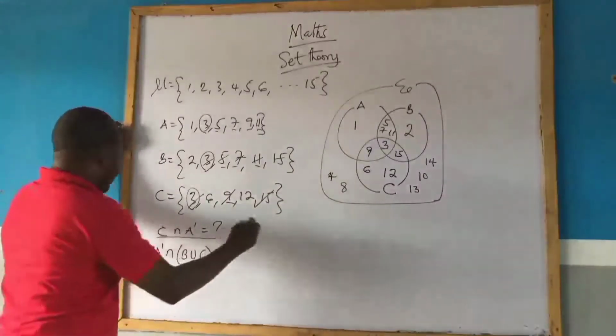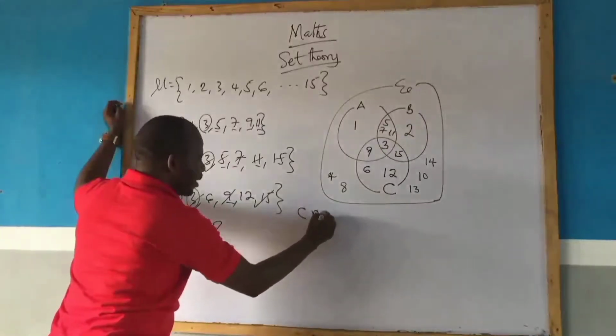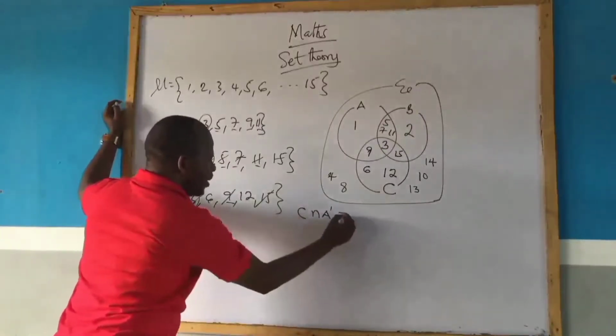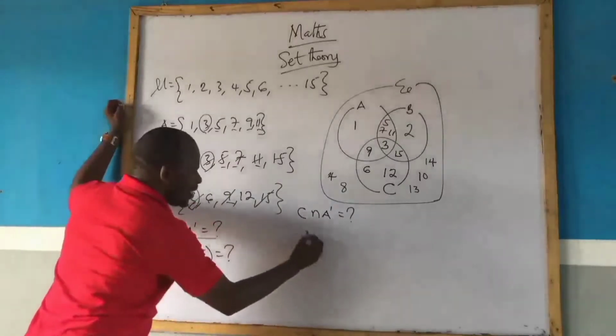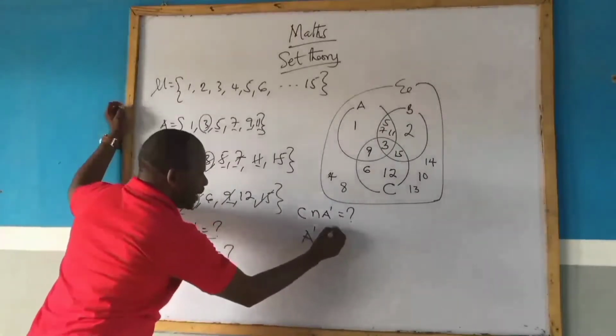We want to look for C intersection A complement. This is our question. So the first thing we need to do is to list the elements of A complement.